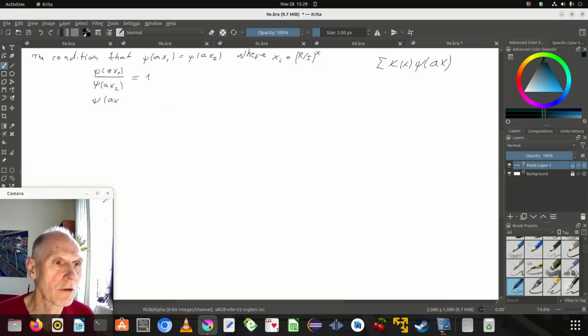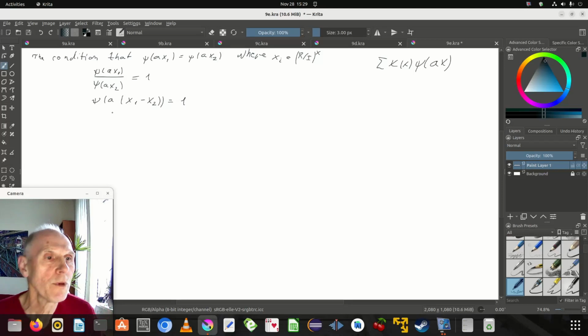Yeah, we can put that outside a parenthesis straight away. And now we need to know for which values this happens. And actually also A should not lie in the multiplicative group.